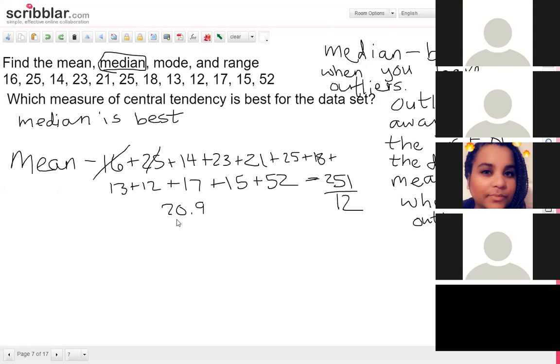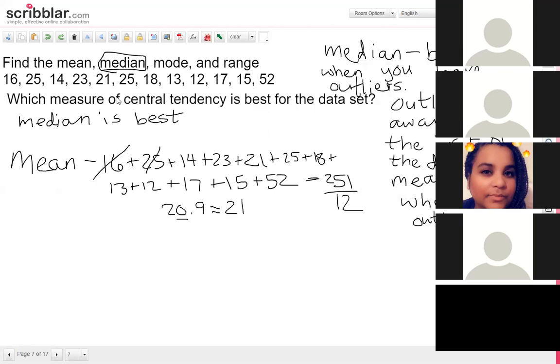Let's go to the nearest whole number. So should this stay 20 or should we round up to 21? 21. Good. It goes up to 21. Very good. So there's our mean.